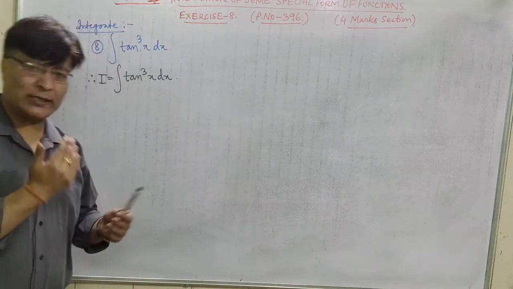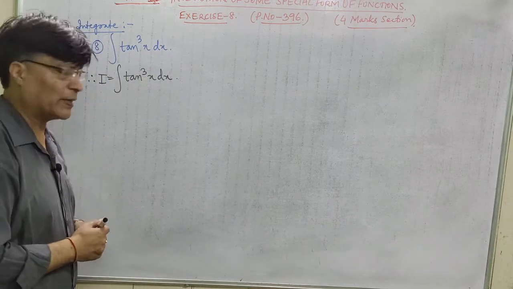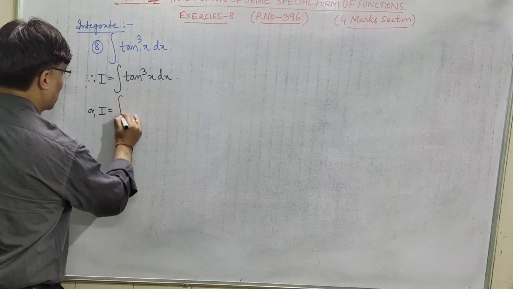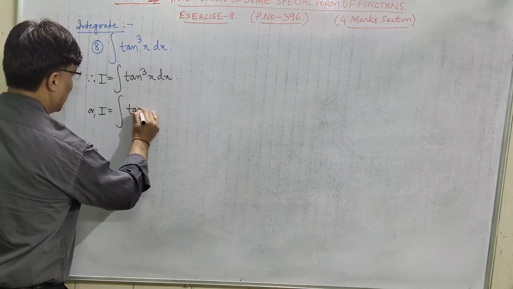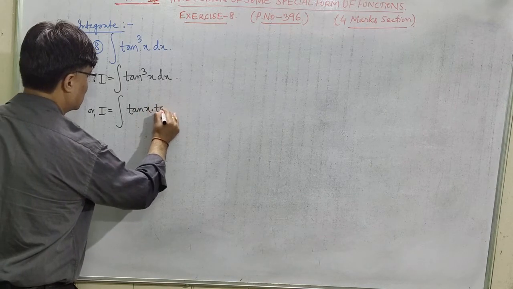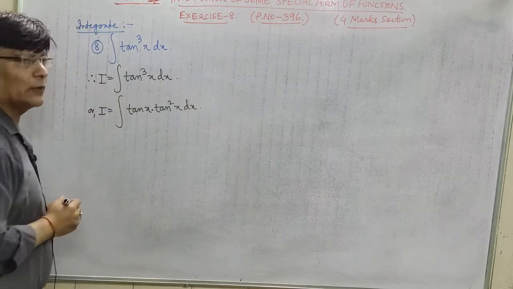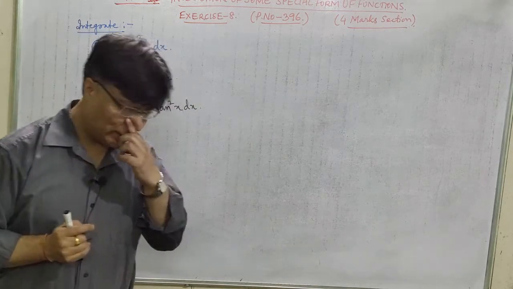Okay. So let us simplify it. Let us break the term as, integration of tan cube x can be separated as tan x into tan square x dx. Okay. So now how can you evaluate this integration?